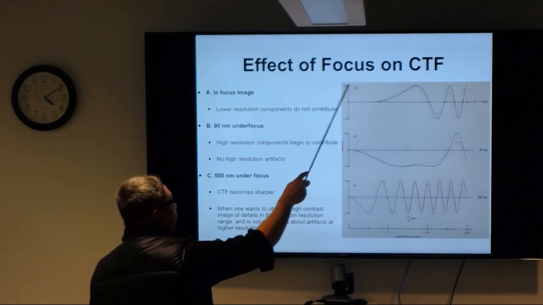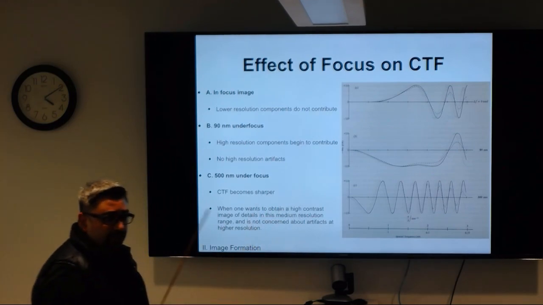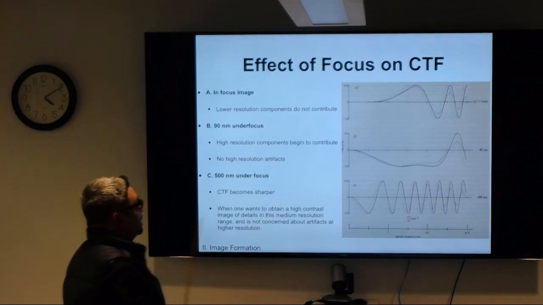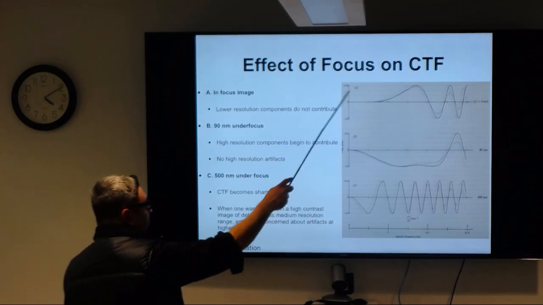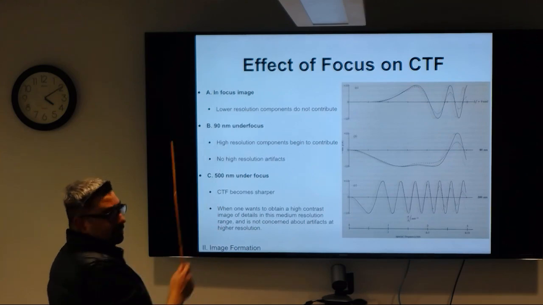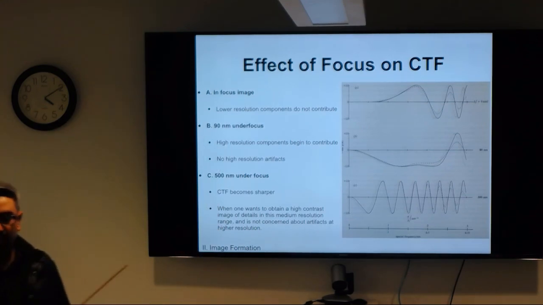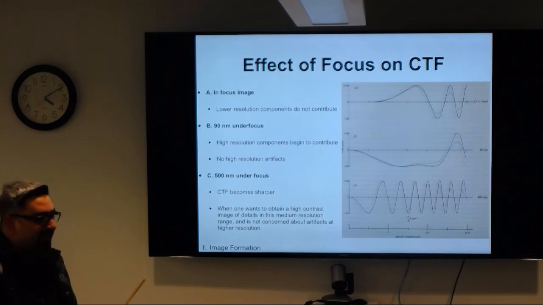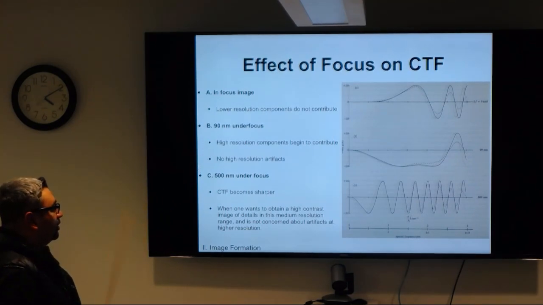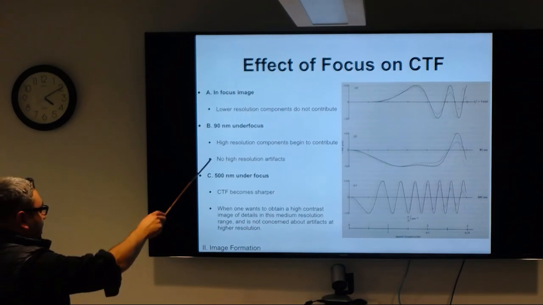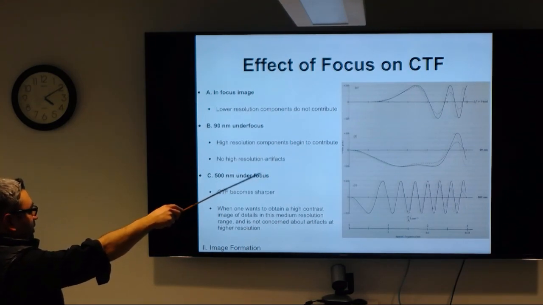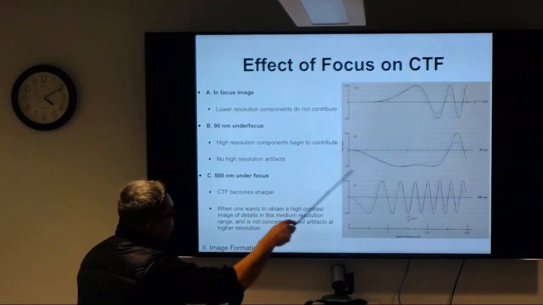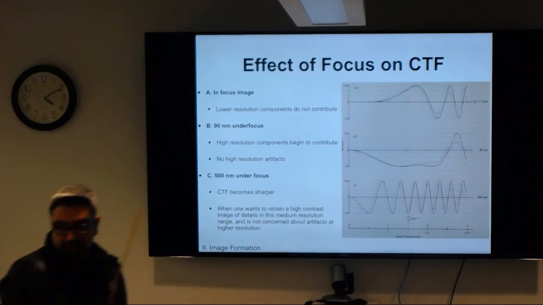You have no contribution from the contrast transfer function in this in-focus image, so no low resolution information in that upper right. When we do 90 nanometer underfocus, the high resolution components begin to contribute, with no high resolution artifacts. You can see that this portion of the CTF changes.